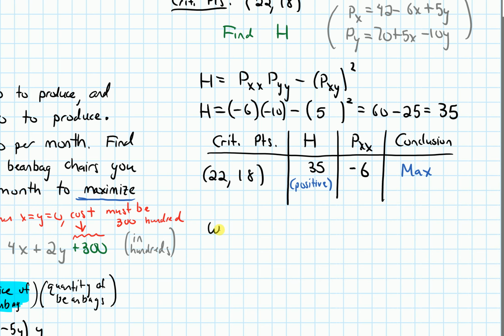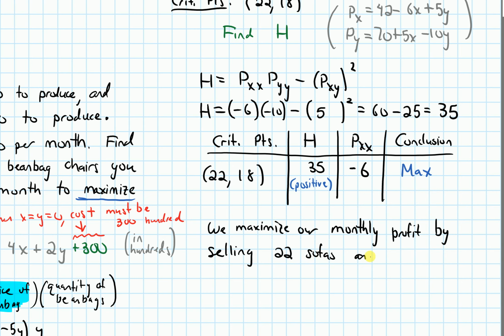We maximize our monthly profit by selling x was number of sofas, so 22 sofas, and y was the number of beanbag chairs, 18 beanbag chairs.